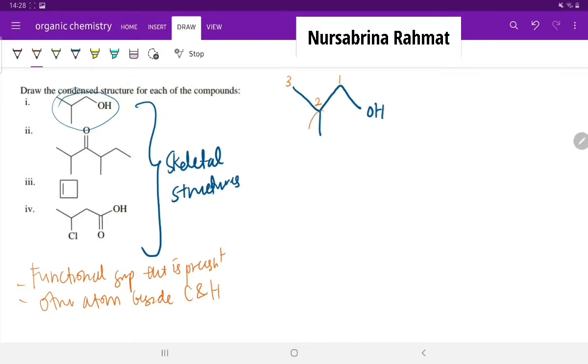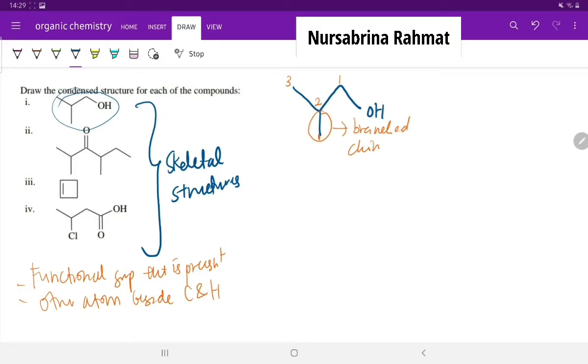The one that is extended here, we name as a branch or chain. In this one we have only one carbon. A condensed structure is a simplified version of the expanded structure. We show all the atoms that are present, but we don't include all the bonds that are forming.